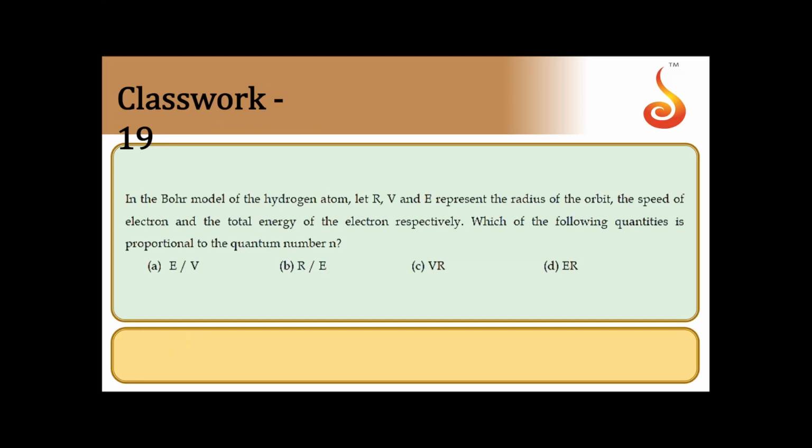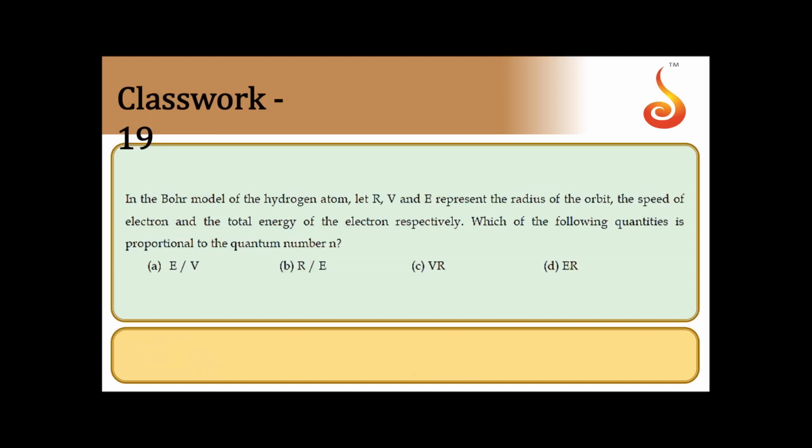In the Bohr's model of hydrogen atom, let R, V and E represent radius of the orbit, the speed of electron and the total energy of the electron respectively. Then which of the quantities is proportional to the quantum number n? So R is radius, V is velocity, E is energy.